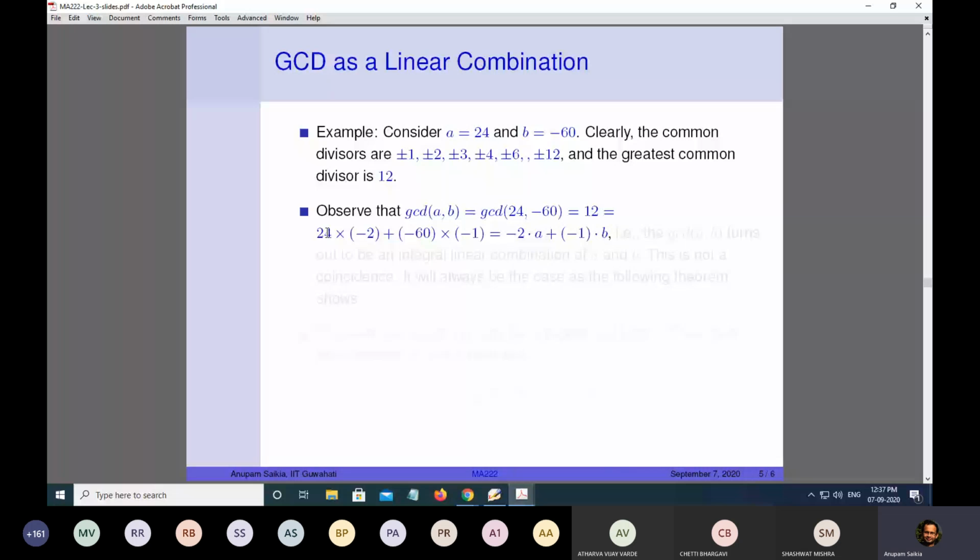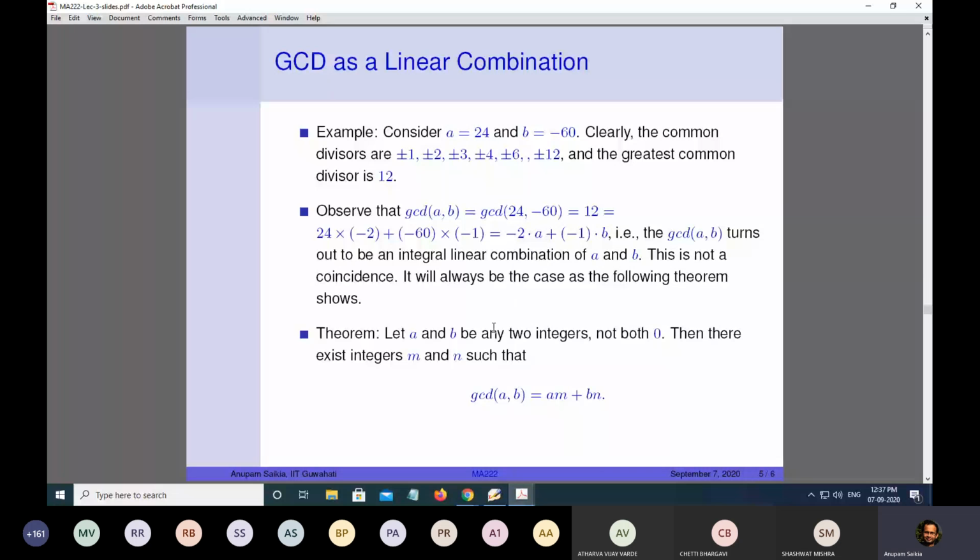So I'm getting the GCD of A and B as an integral multiple of A plus an integral multiple of B. In other words, the GCD of A and B appears as an integral linear combination of A and B. We want to insist that this is not a coincidence for just 24 and minus 60. It will always happen.